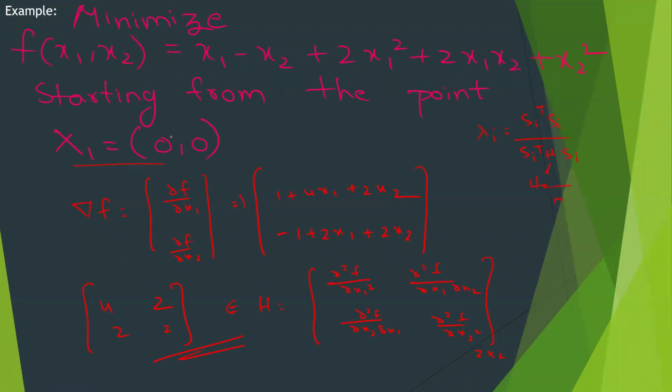If you substitute x1, which is 0 comma 0, I get del of f of x1, so S1 is minus 1 and 1.